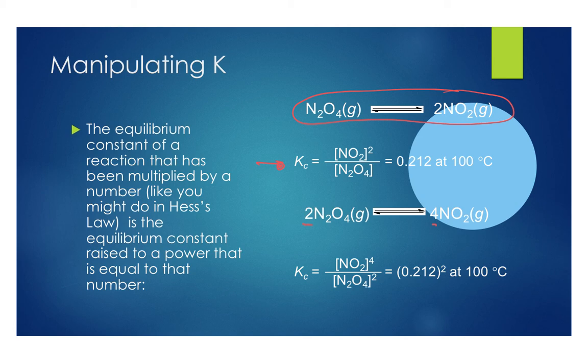Well, then I've multiplied everything by 2, which means I've taken this and squared it. That makes sense because essentially I've squared the exponents on both the product and the reactant in the equilibrium expression. So again, multiplying the coefficients becomes an exponent on the equilibrium expression.